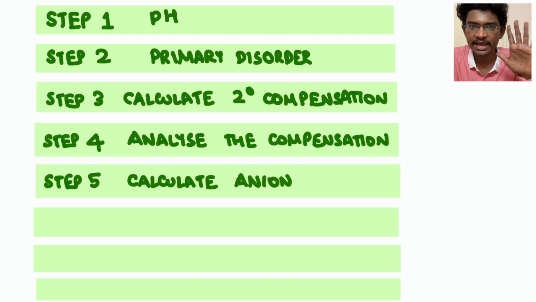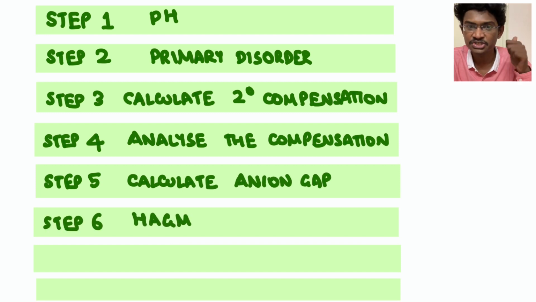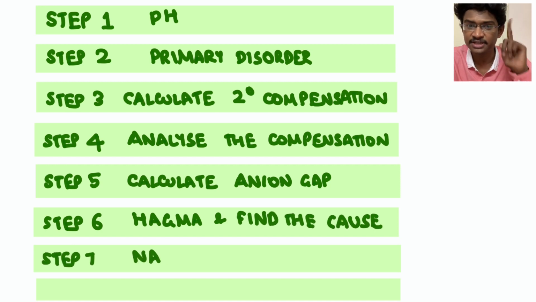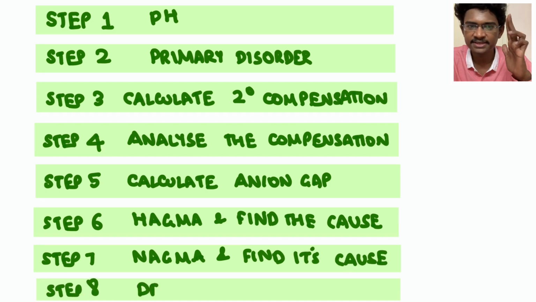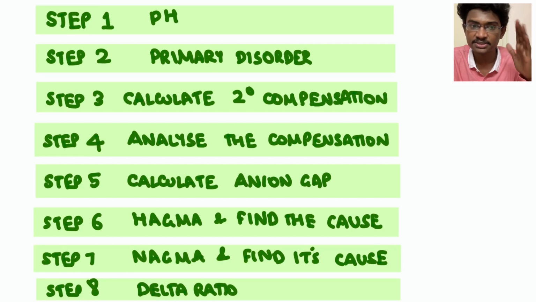Next, anion gap calculation. Sixth is, if HAGMA, what is the cause of HAGMA going on? Seventh is, if it is NAGMA, what is the cause of NAGMA going on? Eighth is the last, delta ratio calculation. In exams like INICET, they will give questions which will make you go till the last step.